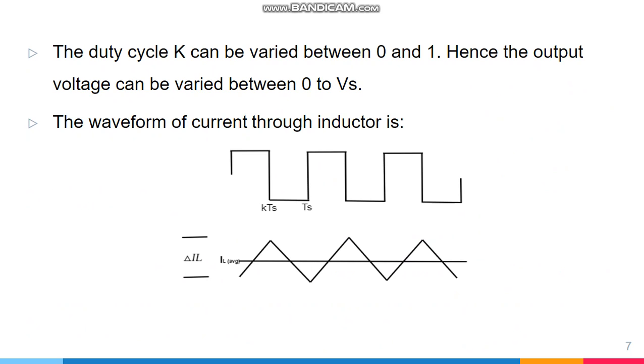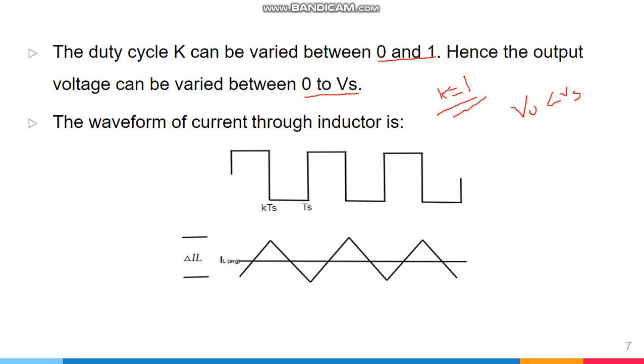The duty cycle K can be varied between 0 and 1. Therefore, the voltage can be between 0 to Vs. If K is equal to 1, the output voltage will be equal to the input voltage, and for any other value, V output will be less than the supply voltage.